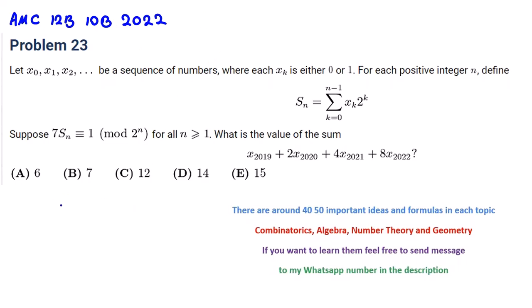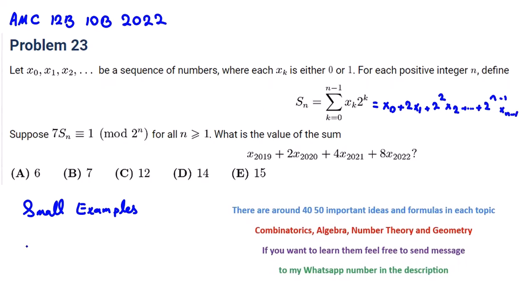For solving this problem, we should use small examples, okay? So let's solve some cases. For example, if n is 1, Sn is x0 plus 2x1 plus 4x2, or 2 squared x2, up to 2 to the n minus 1 times x n minus 1, okay?